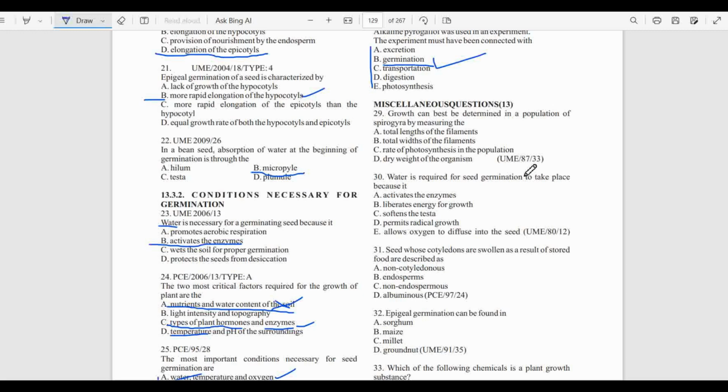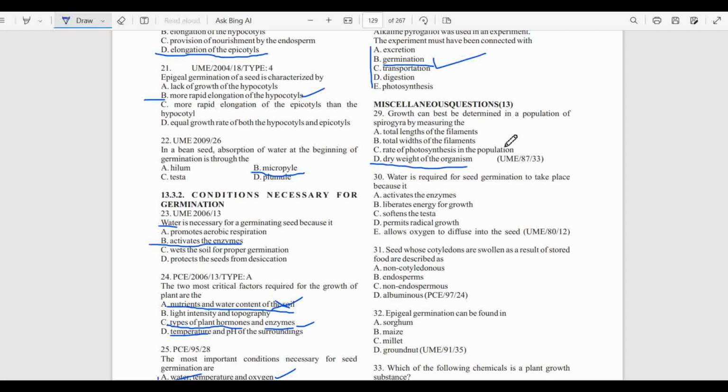So question 29. Growth can be determined in a population of Spirogyra by measuring which of these factors? Remember, we said the most important measurement to determine growth, or the most accurate, is to measure the dry weight of the organism. So this is still a repeated question in a different form.